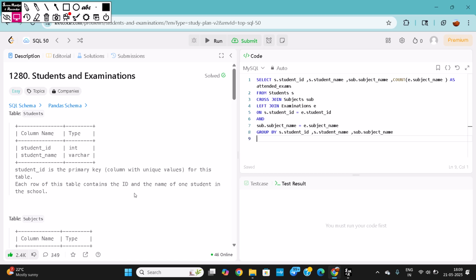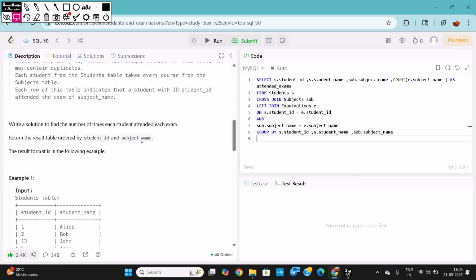And here they mentioned to use the order by statement with the student ID and the subject name. So I'm going to use the same one. So here I'm going to write the order by statement. I'm writing small letters. It will work, but it's always better to go with capital letters. So that's a good practice. Order by s dot student ID and sub dot subject name, right?